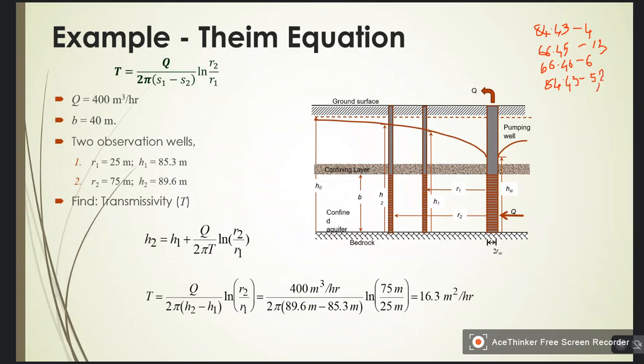Sir, 84.43, sir. Your number? 12, sir. Tanuja and Durga, you verify? Majority of them got 84.43.